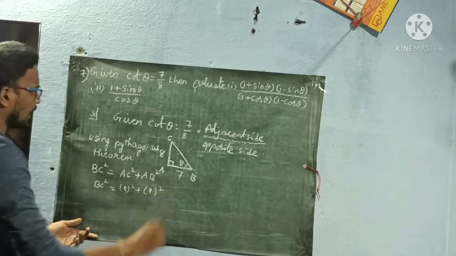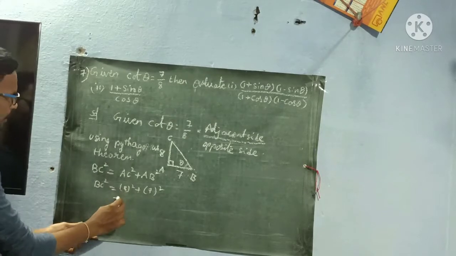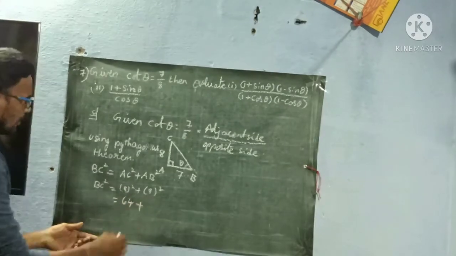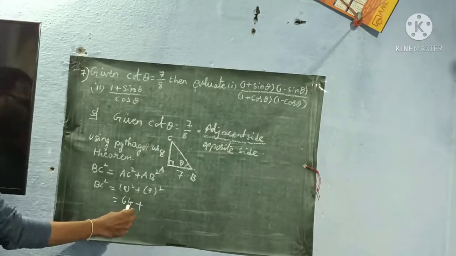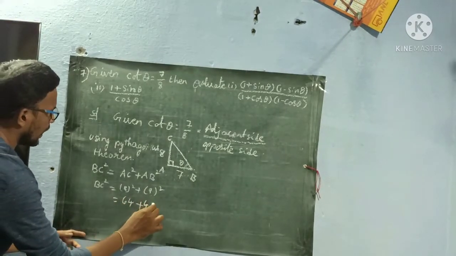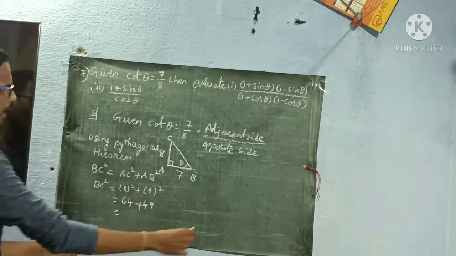So 8 square is nothing but 8 into 8, which is 64, plus 7 into 7. How much is 7 into 7? 49, right? So now addition, 64 plus 49.